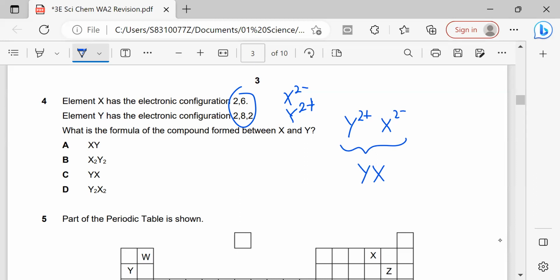When you bring the numbers down diagonally across, you will get a formula of YX, which is option C. So remember that when you have this particular case where the charges are of the same value, that means 2+ and 2-, the formula can be further simplified into YX.